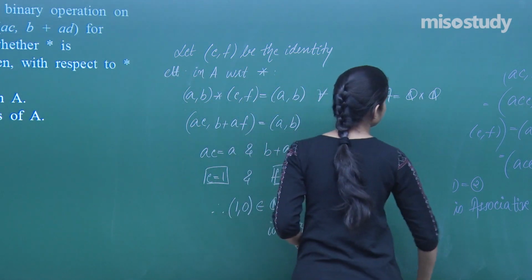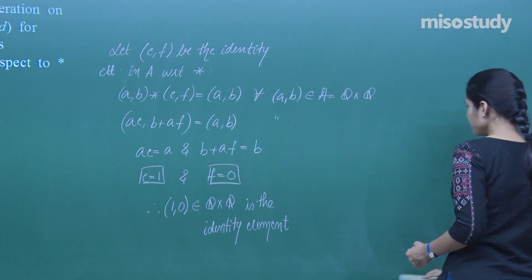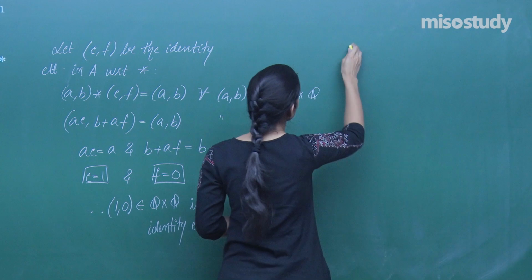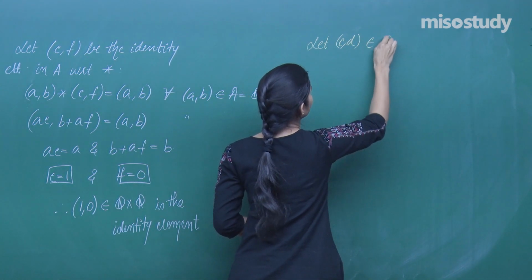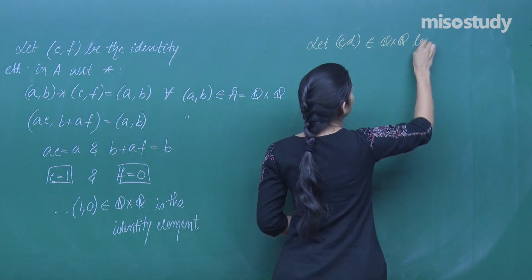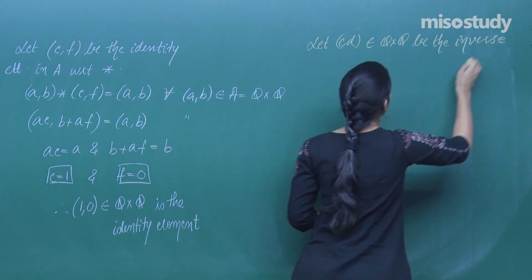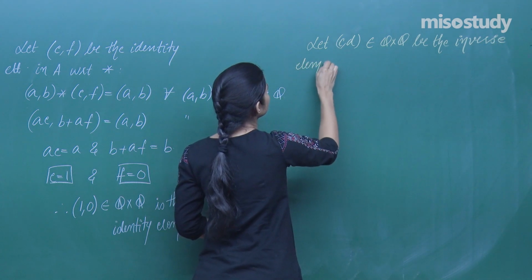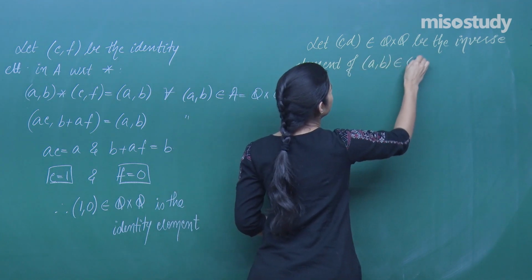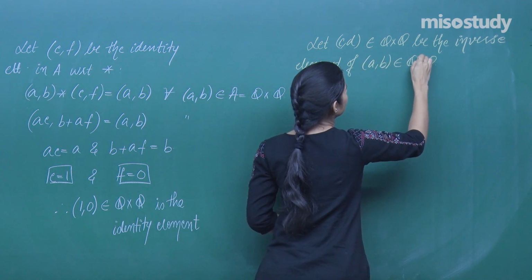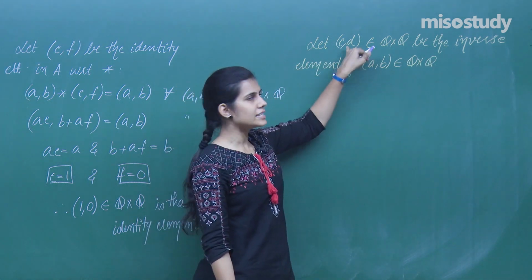And then I need to find the inverse element. How many elements inside this set are inverse elements? Then I am saying let (c, d) belonging to Q cross Q be the inverse element of (a, b) in Q cross Q. So suppose (a, b) is some particular element in Q cross Q and it has its inverse as (c, d).